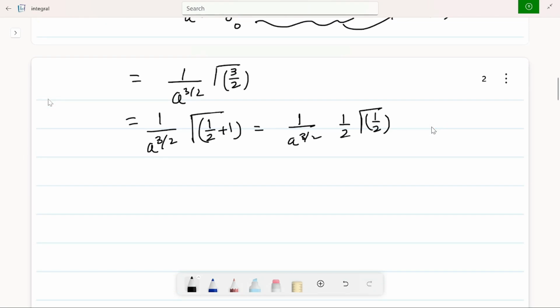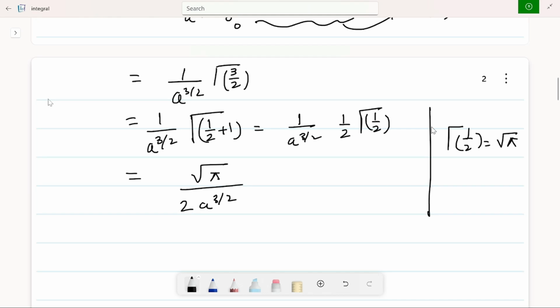And you should remember that gamma of half is actually square root of pi, right? So our overall solution becomes square root of pi divided by 2 times a raised to the power 3 by 2.